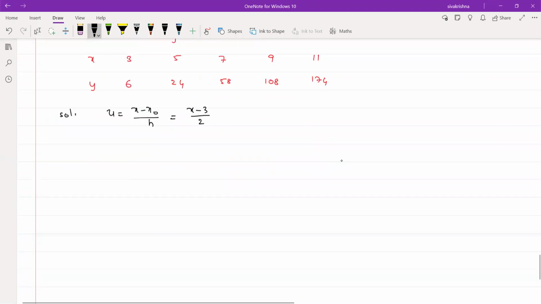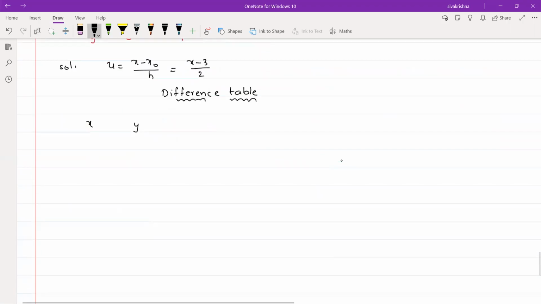So coming to the difference table, in the difference table the first column is values of x, the second column is values of y.